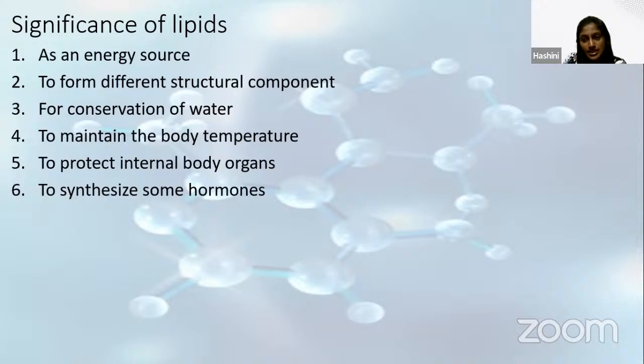The fat layer is what we call a thermal insulator. Because of this fat layer, they can maintain their body temperature in a certain range, even though the environmental temperature changes.